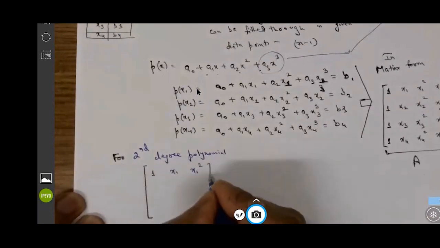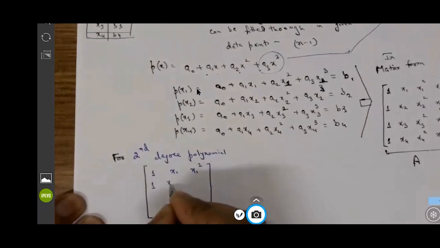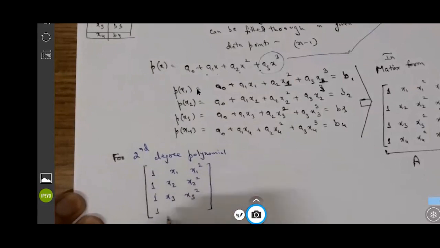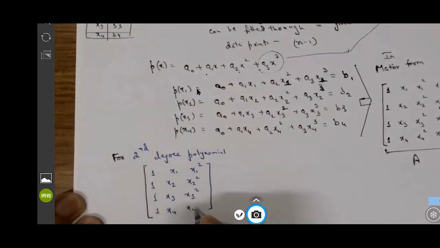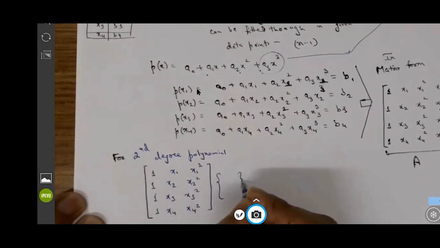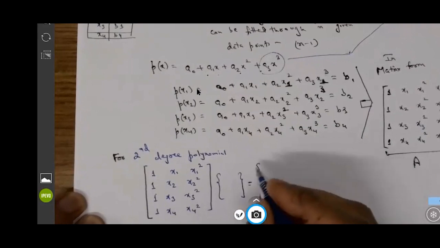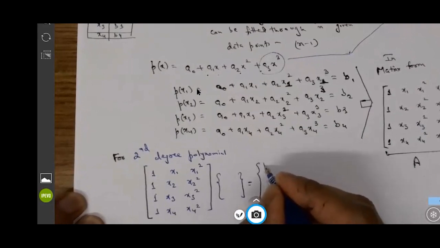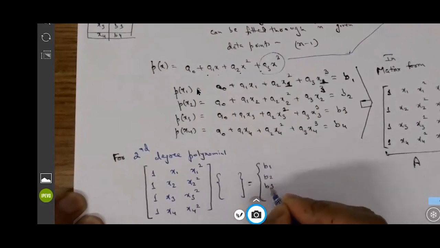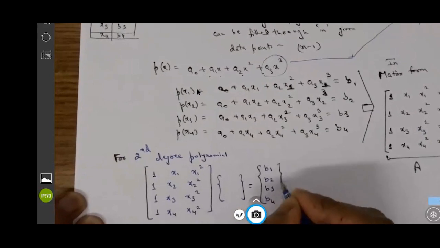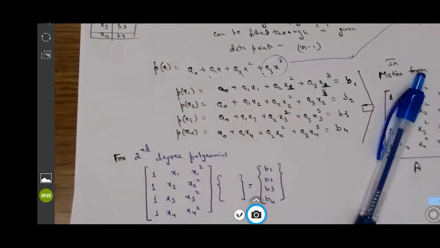I will not have an x cube term now. 1, x2, x2 square, 1, x3, x3 square, 1, x4, x4 square. Somebody, I will ask randomly from the class, has to help me with what these coefficients will be. B1, B2, B3, B4.